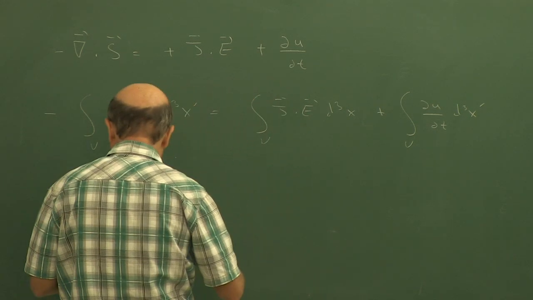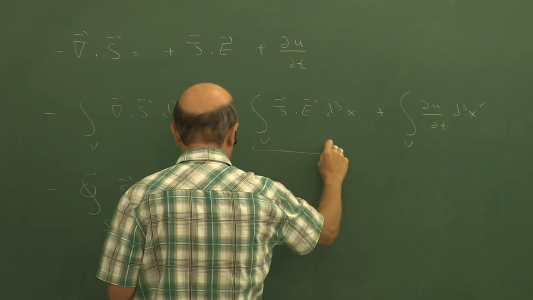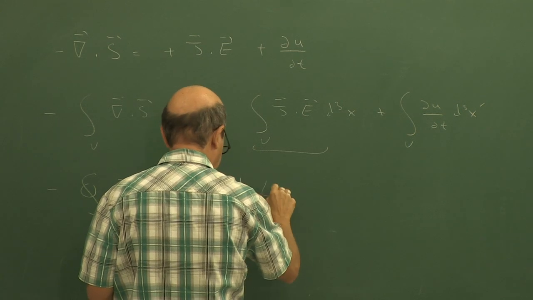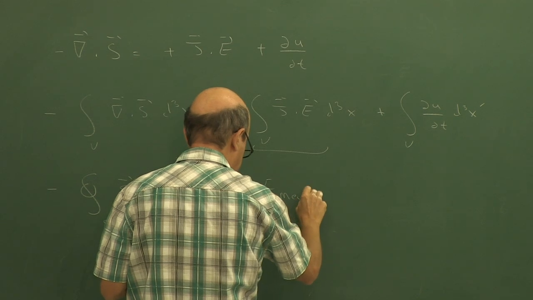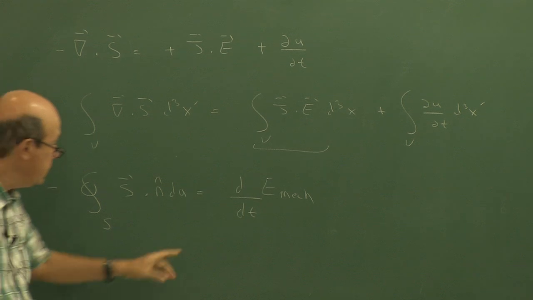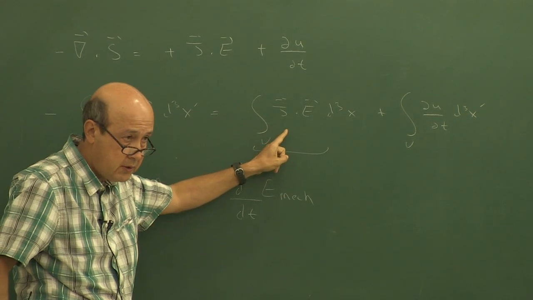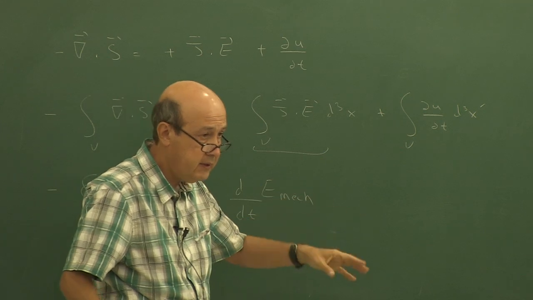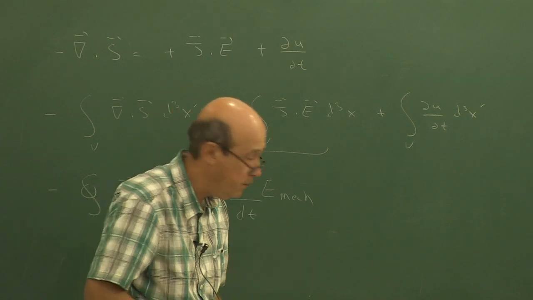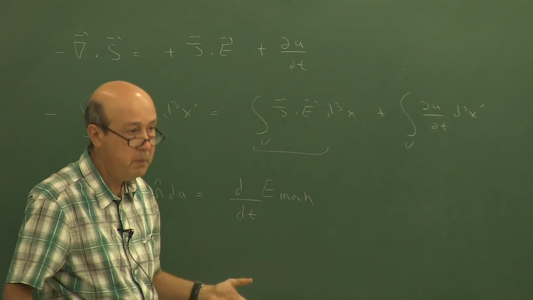So basically that term is d over dt of mechanical energy. Do you have a question here? So these are the sources, and the fields are doing some work on these sources. Therefore there is some power generation, but they are all mechanical.